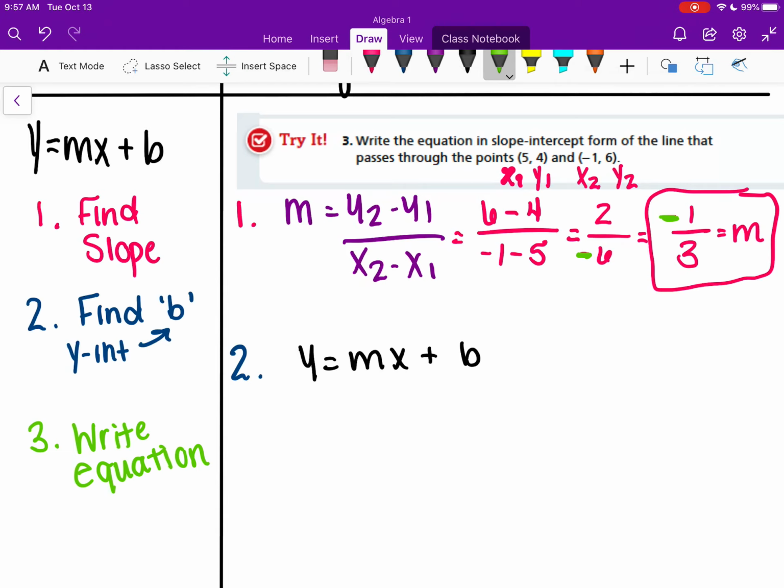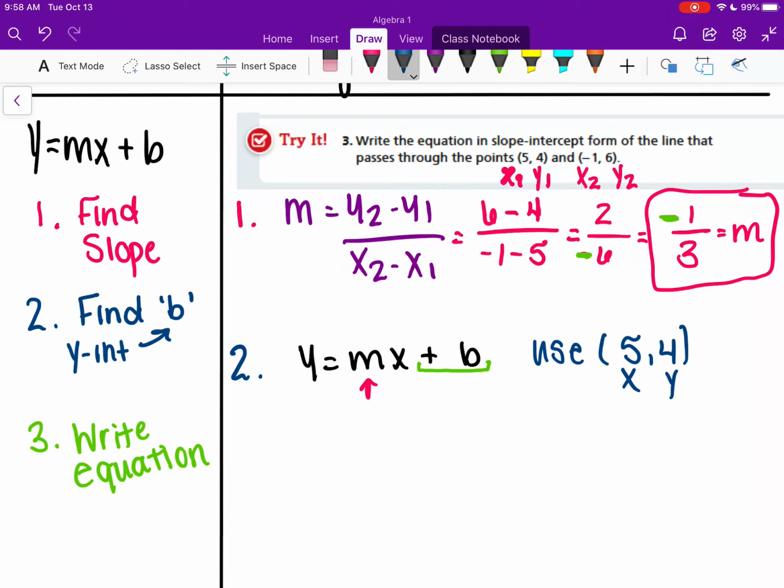Now we need to find that b value. We do not know what this mystery b value is, and we need that to write the equation of the line in slope-intercept form. We need the y-intercept. Well, thankfully, we do know the slope, and we can use a point on the line like 5, 4, where 5 is an x value, 4 is a y value.